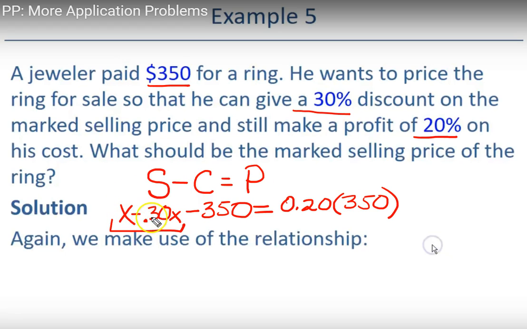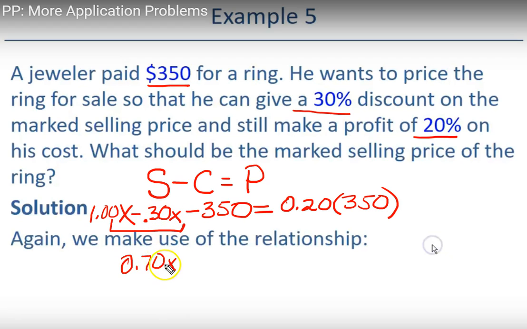So, what do we do here? Well, keep in mind that there is a 1 in front here. In a sense, 1.00 in front of that X. So this then becomes 0.70x.